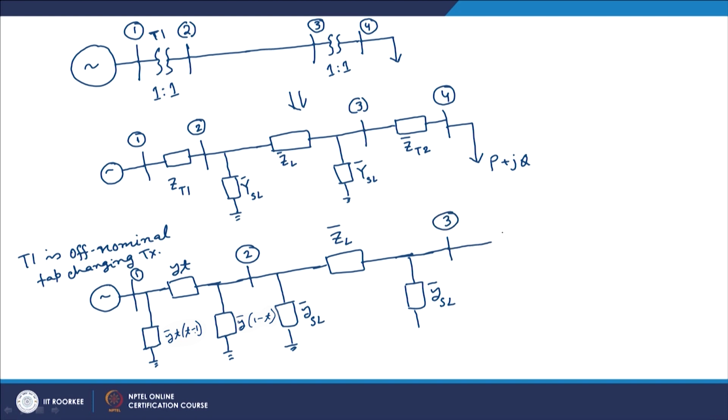Bus 4 is still a 1:1 transformer, so it is ZT2, bus 4, and then P plus JQ. So, this is YT and this is Y into 1 minus T, and this is Y into T into 1 minus T. Anyway, we have already discussed this.